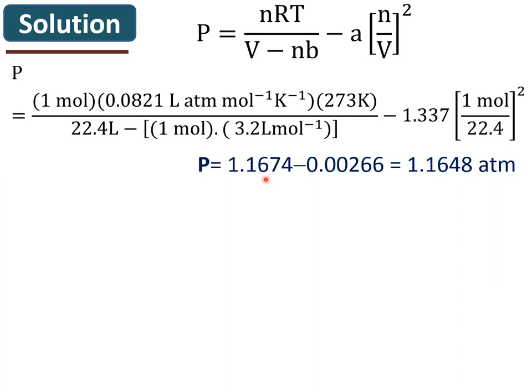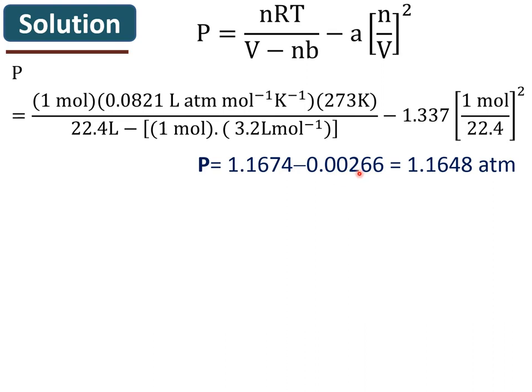So how can you understand this result? We can understand it in view of the weak attraction forces of argon.